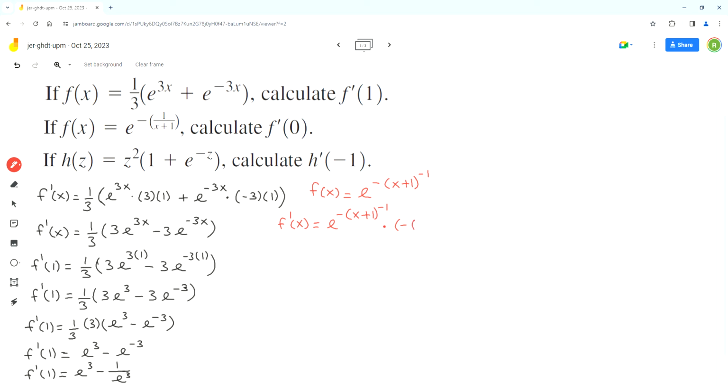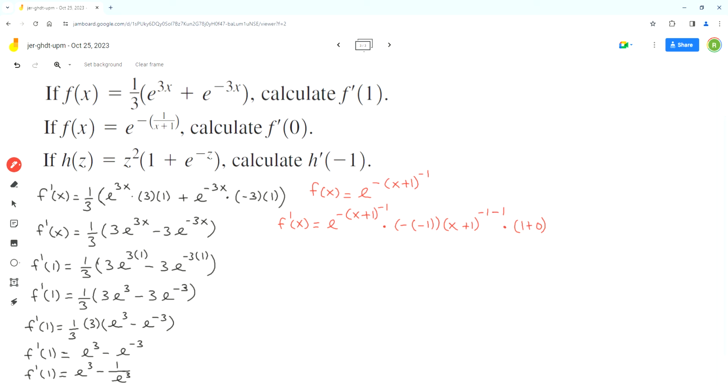So minus, and negative 1 times x plus 1, and we subtract 1 from the exponent, times the derivative of the inner function, and the inner function is x plus 1. So the derivative of x plus 1 is 1 plus 0.